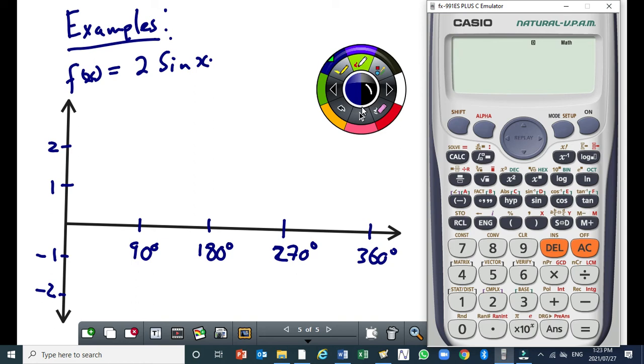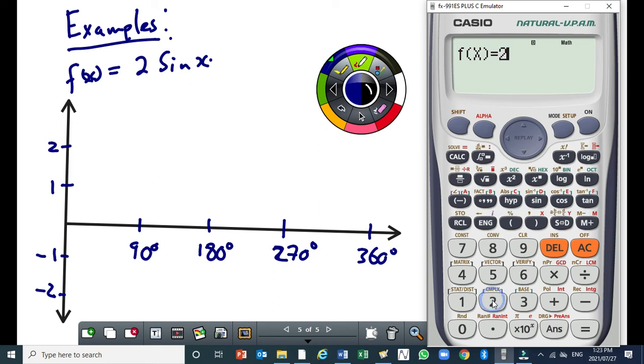So first thing, you go to mode. Now depending on your calculator, for me it will be number 7, table. I'll go to number 7, and it gives you that. It writes f of x. F of x is y, remember. So I'm going to put 2 sine x.